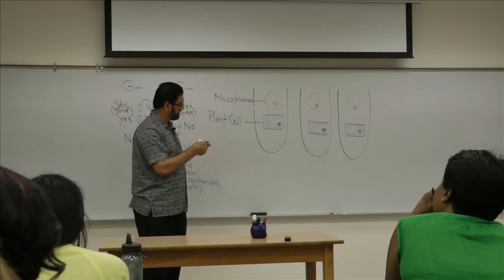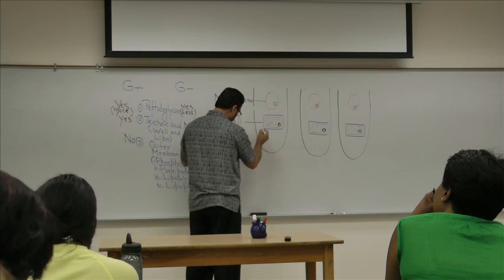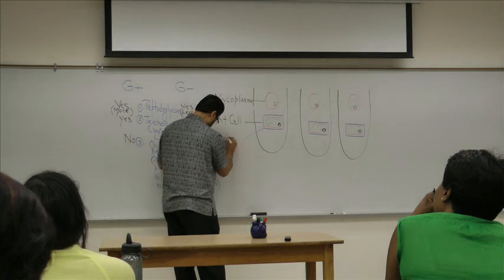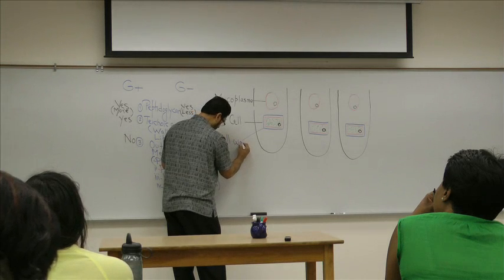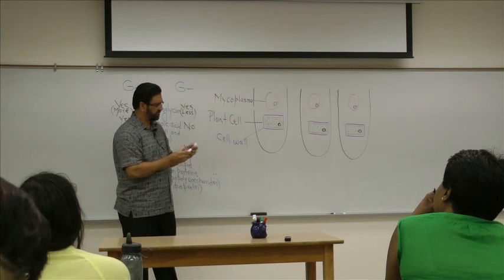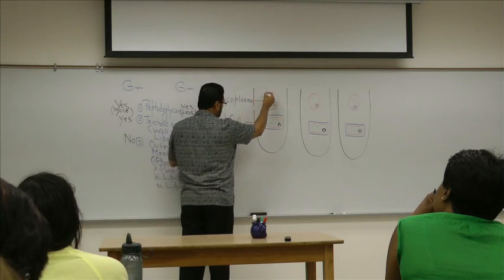The important point is the cell wall. This one has a cell wall. No cell wall there, only what? Yes, plasma membrane or cell membrane.